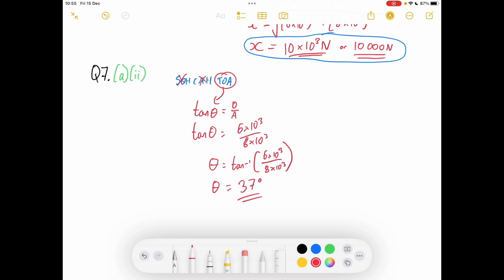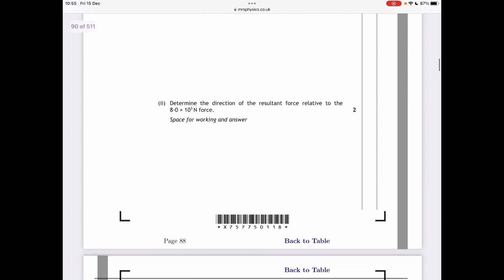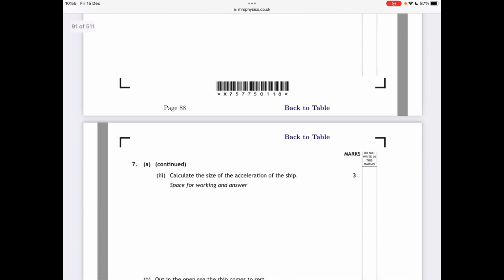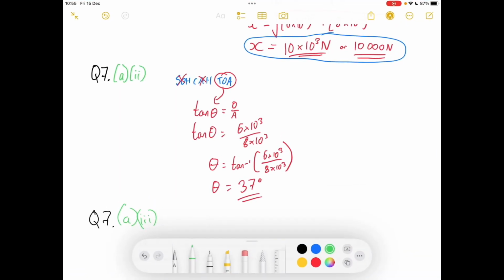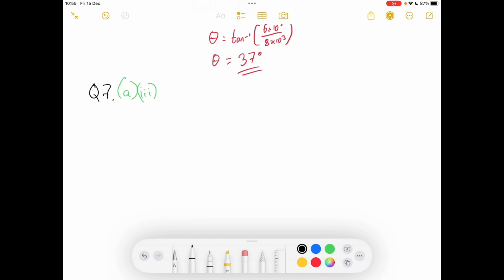So, if we move on to our next one, which is part A, III, well, this is somewhat related to vectors, but it's going to apply something that you've done in forces as well. So this is calculate the size of the acceleration of the ship. Now, as soon as you've got forces, you should try and recognise that forces and an acceleration, you're going to use this bad boy.